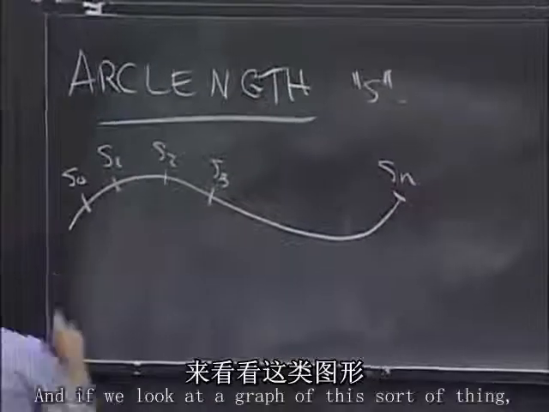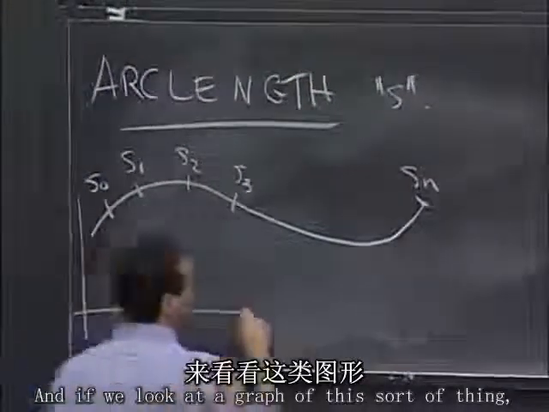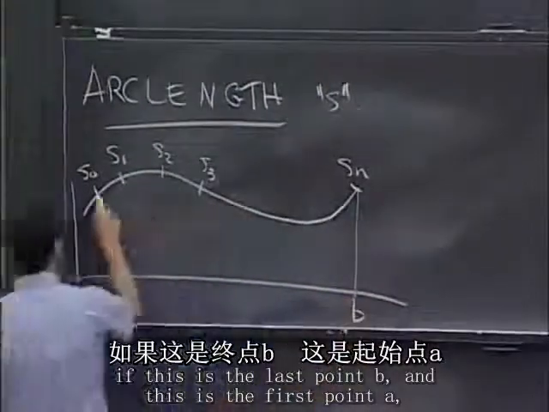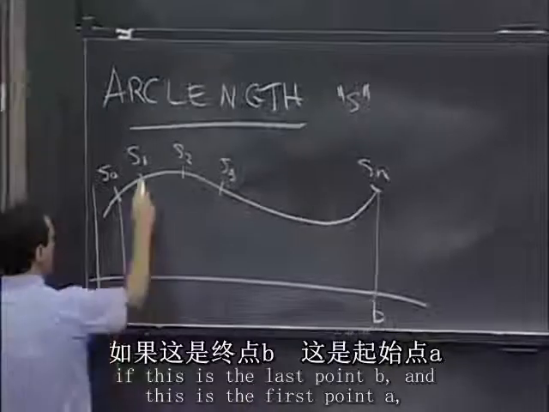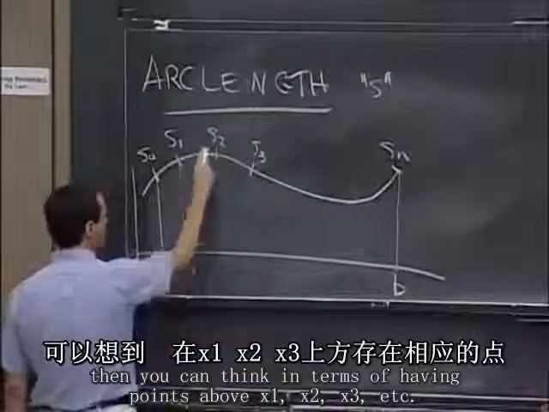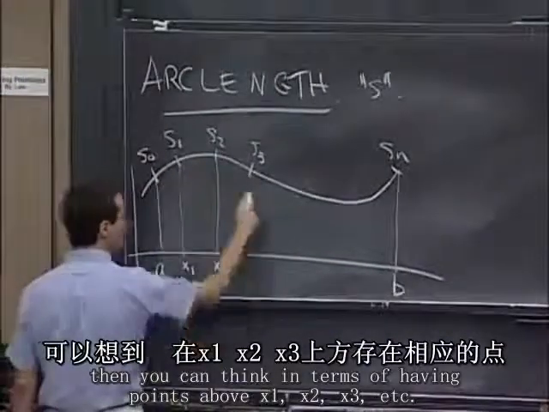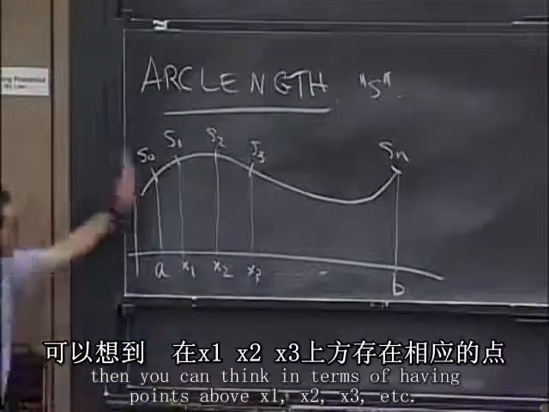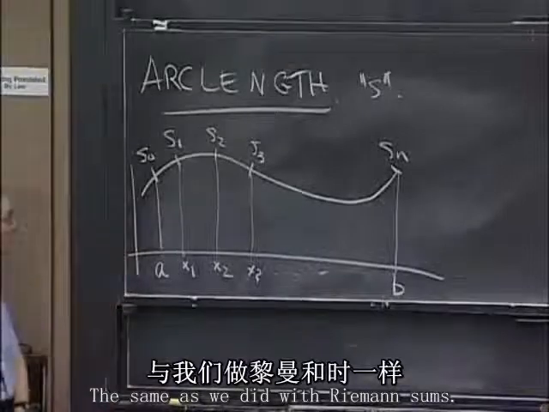And if we look at a graph of this sort of thing, if this is the last point B and this is the first point A, then you can think in terms of having points above x1, x2, x3, etc. The same as we did with Riemann sums.